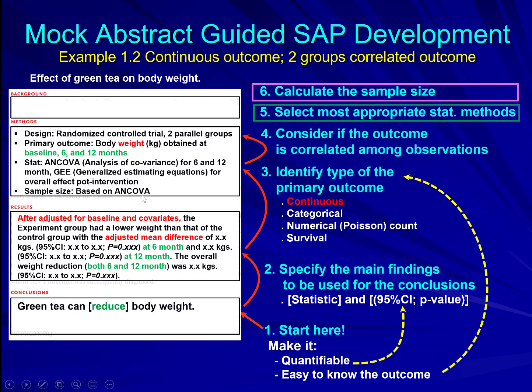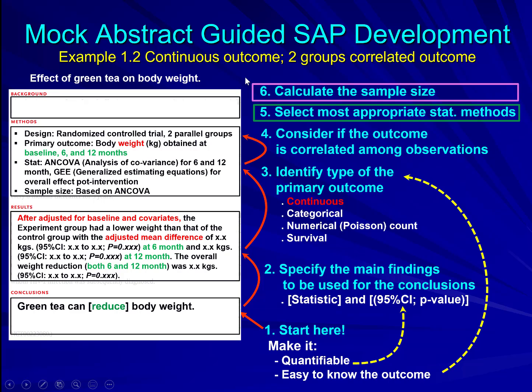But if you can know this is a continuous outcome and the weight is measured 3 times for each person, so it's not independent. It depends on the participants or the subjects in the study. Then we need some special statistics to handle that correlated outcome. Just that I want you to know.